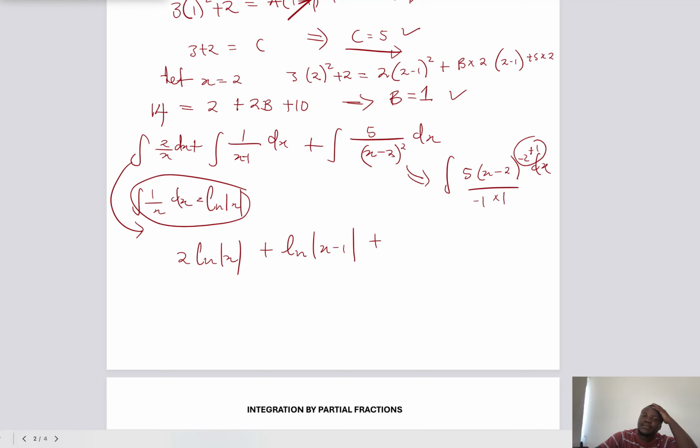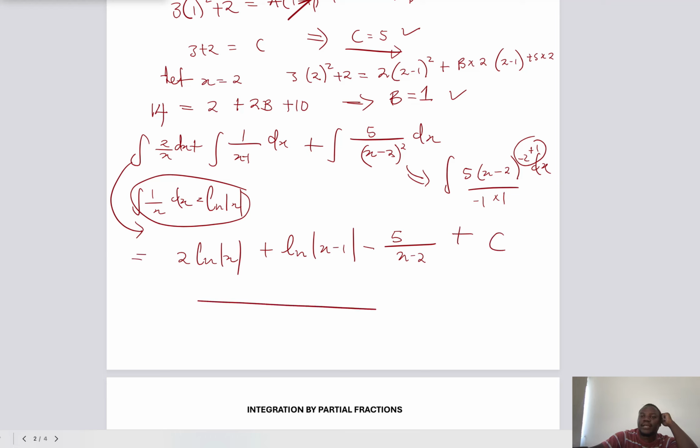So if you do that, you can see that we are going to have negative. The integral of this should be, since negative 1 times 1 is negative 1, dividing 5, negative 5 over x minus 2, and then plus some general constant c. So this is the integral of the given equation.